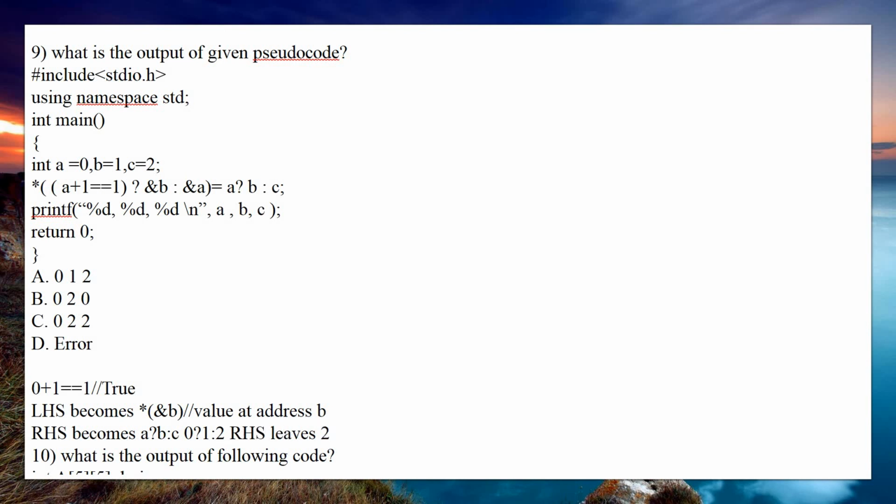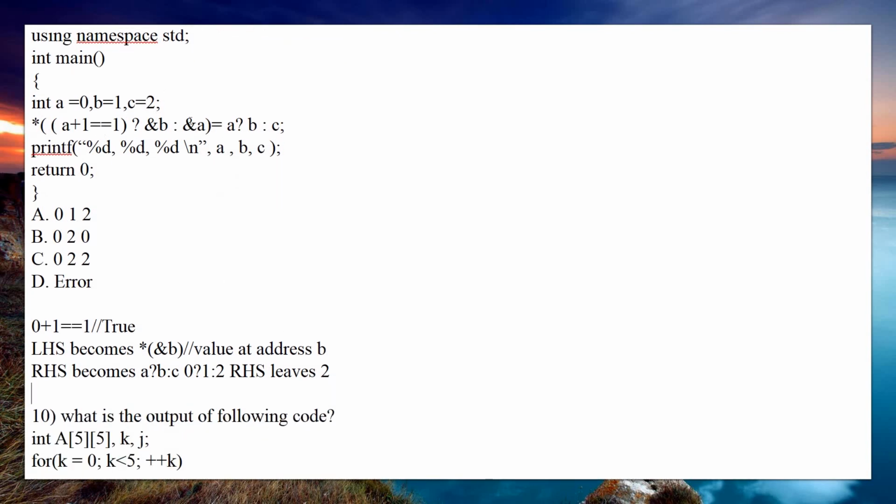And next, here you are going to compare whether the LHS becomes equal to the RHS. So here, star followed by the address of b, ampersand of b, that is the address of b.